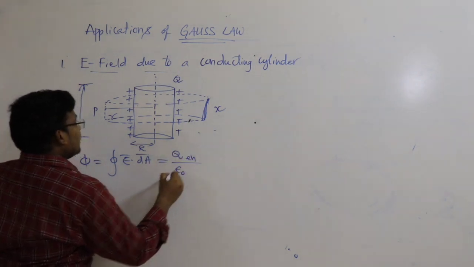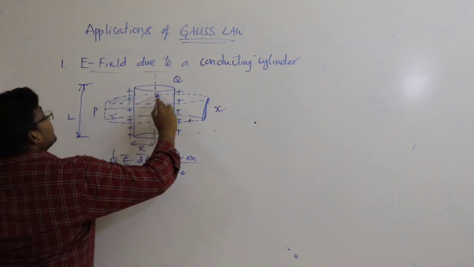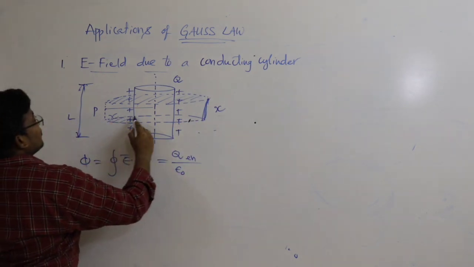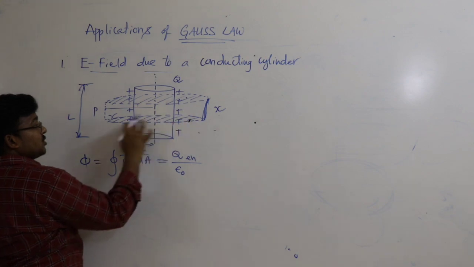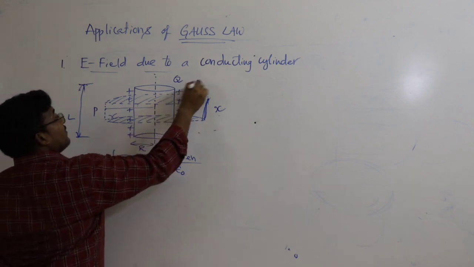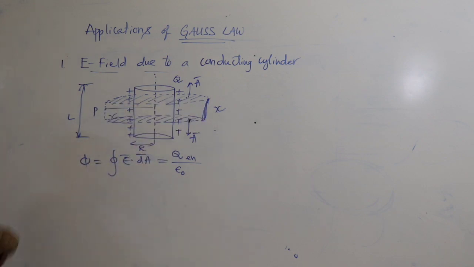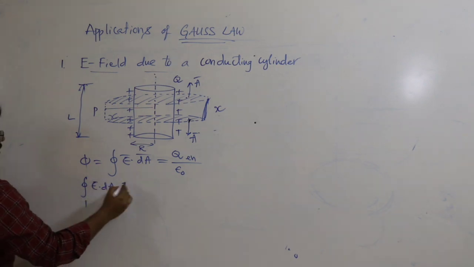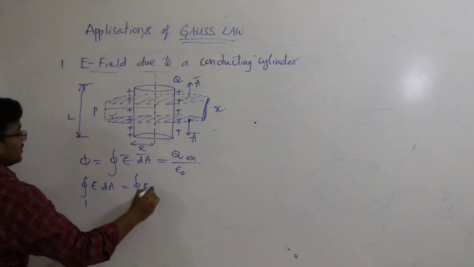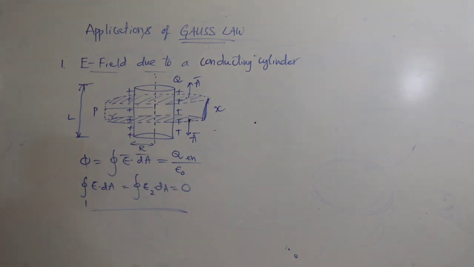enclosed by epsilon naught. Here again, for the Gaussian surface we have 3 surfaces, and you know that for these 2 surfaces the area vectors are like this. The field is horizontal, so the flux is 0. So for the first surface and for the second surface, the flux is 0 because the angle is 90 degrees.